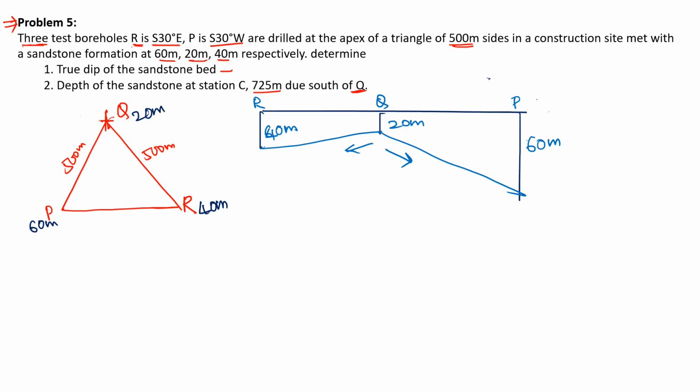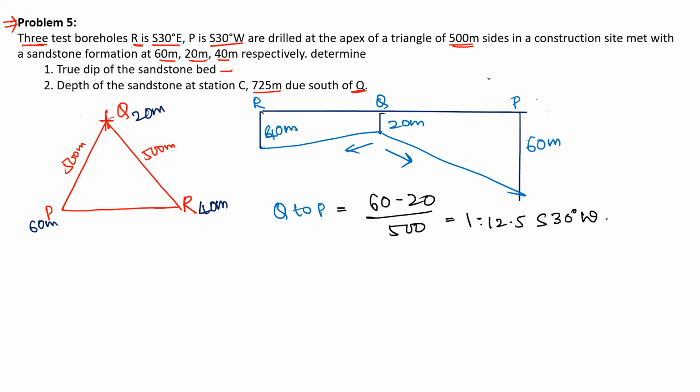Gradient for P to Q is 60 minus 20 divided by 500, which comes around 1:12.5, and they have already given the direction for Q to P as south 30 degrees west.